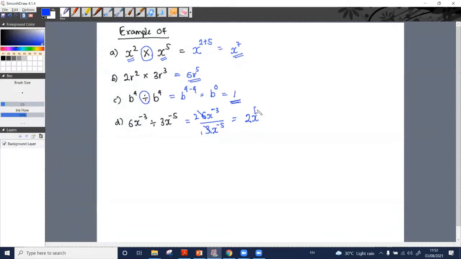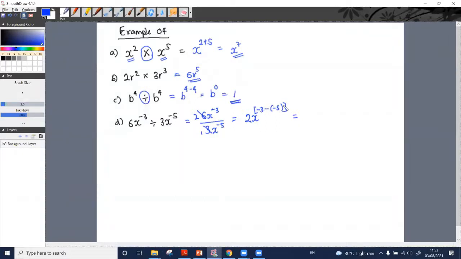We should deduct the power values. -3 deduct -5. Then this minus into minus becomes plus.